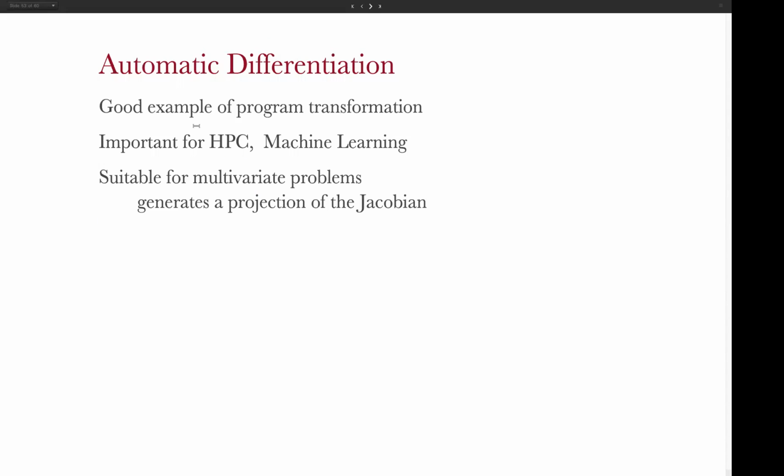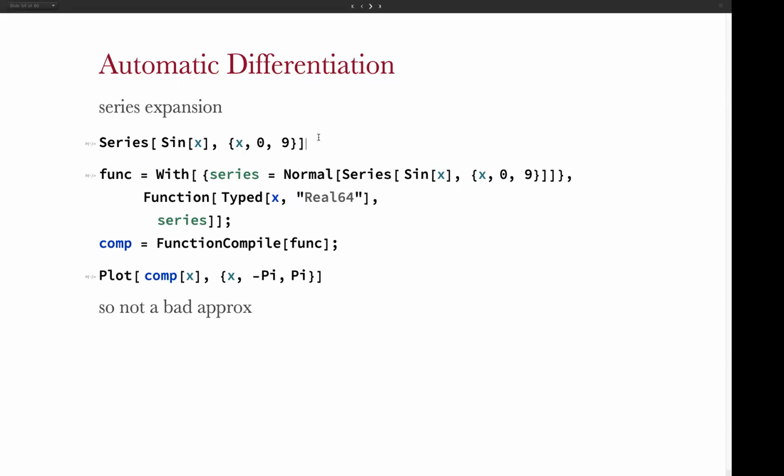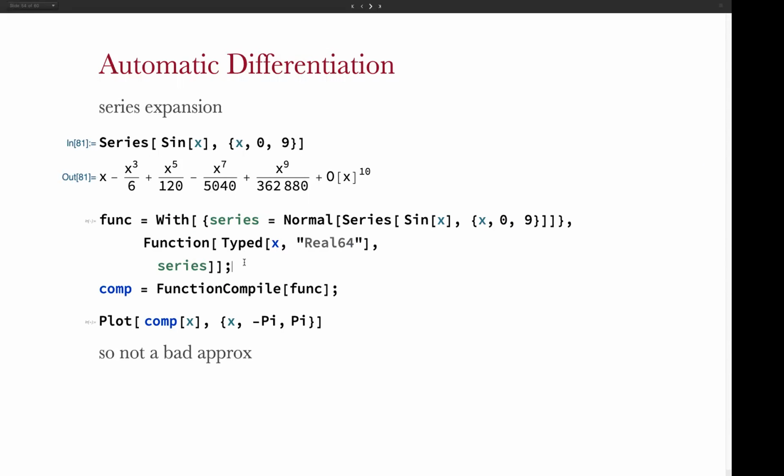You can generate the derivatives by analyzing the code, and actually the SSA form works quite well. It's really a bit more suitable for multivariate problems, where it's actually generating a projection of the Jacobian. I'm just going to show it for a univariate case, because it's a little bit simpler.